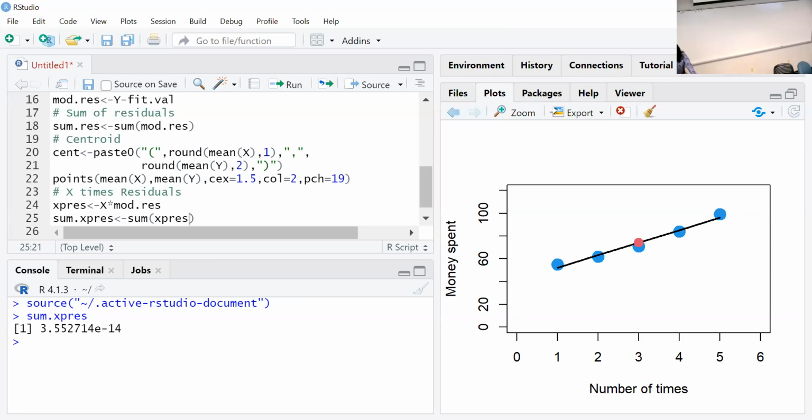I get 3.55 times 10 raised to -14. So, in other words, what should the x values, predictor values, times the residuals equal to? 0. We're not going to get exactly 0. We are going to get approximately 0.